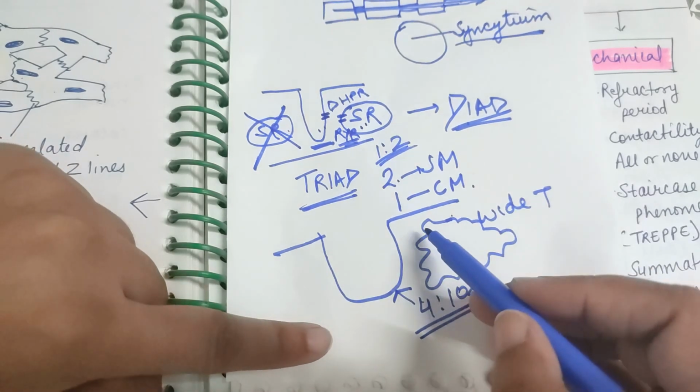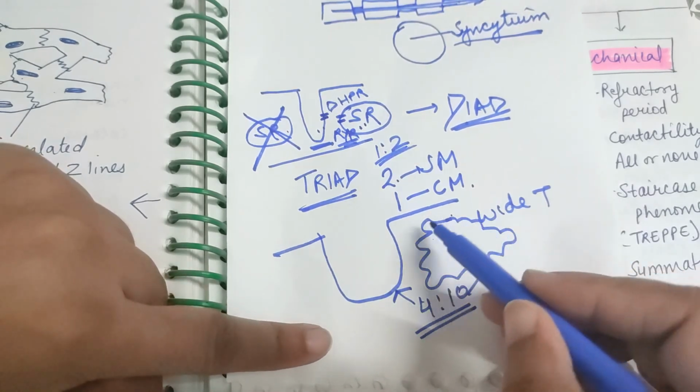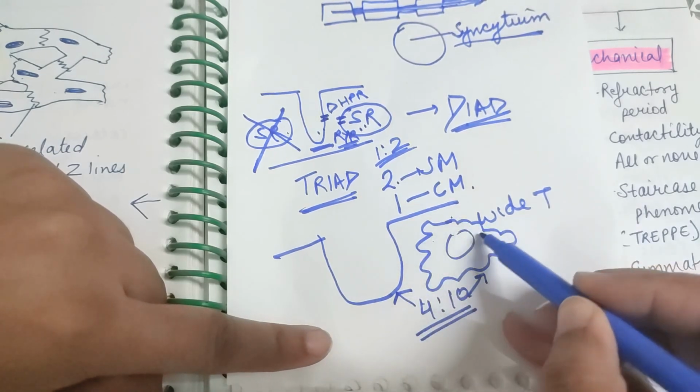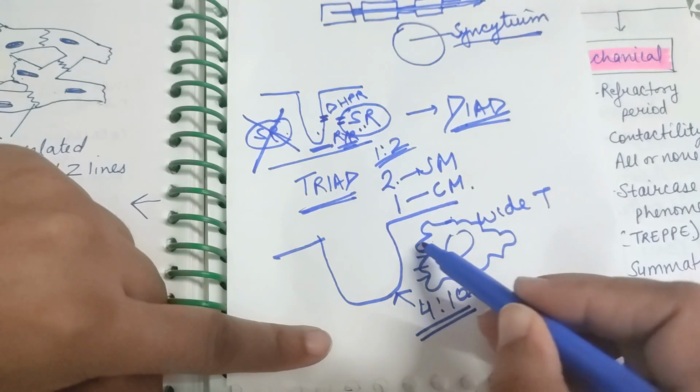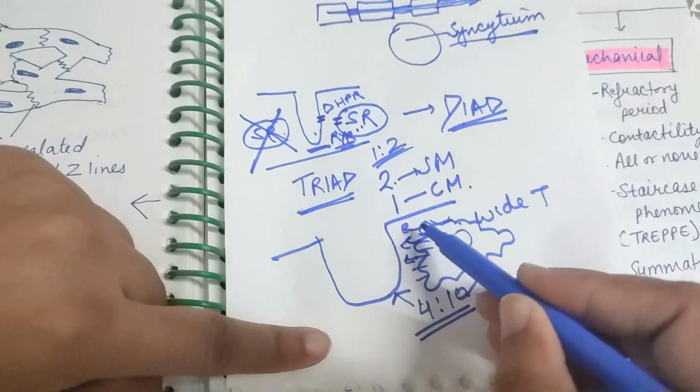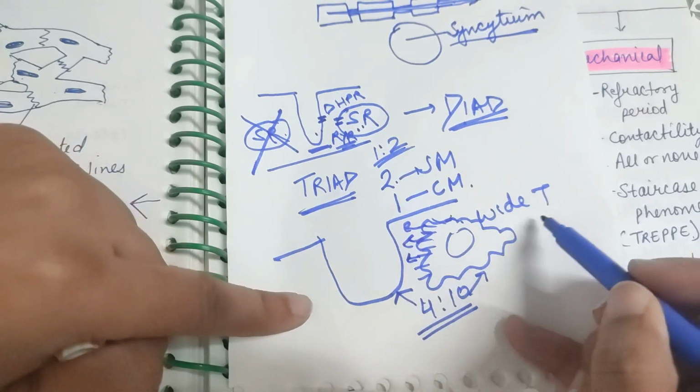Why? Because of this arrangement present over the SR. It keeps on rotating 90 degrees so that various ryanodine receptors can come in front of these four DHPR channels and it can continue beating, right?